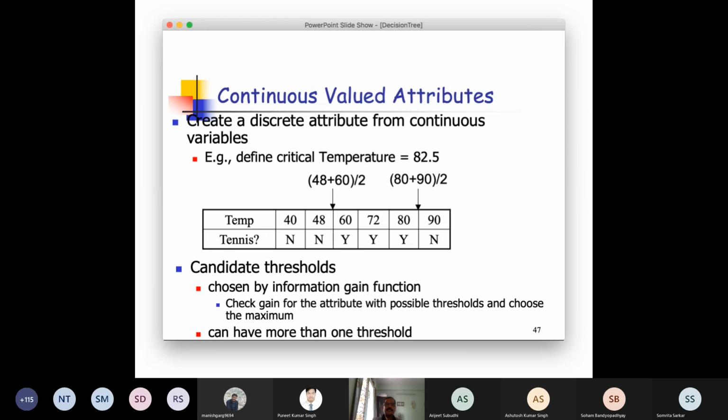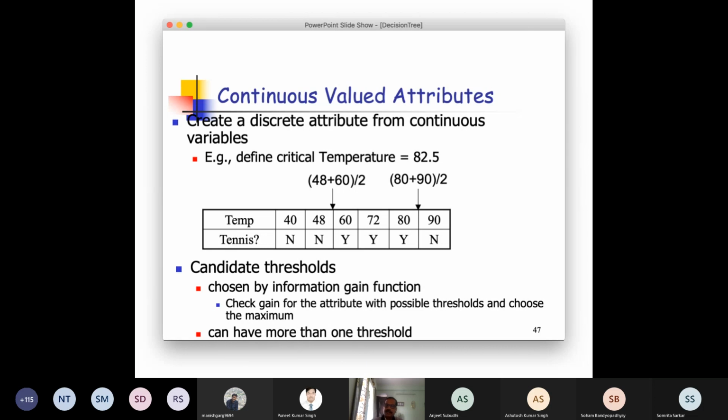So these are certain things in your technique that you need to consider when you are choosing the discretization with respect to class distribution itself. That is what is chosen by the information gain function.